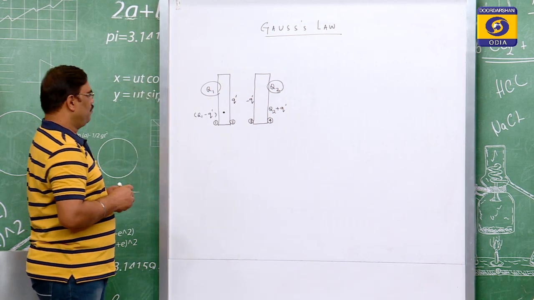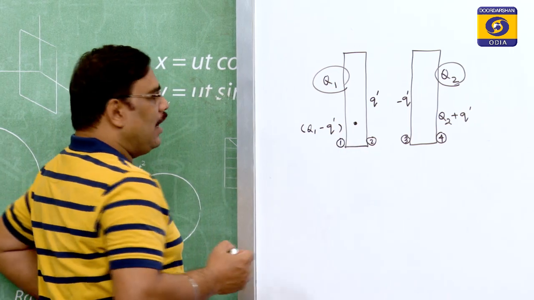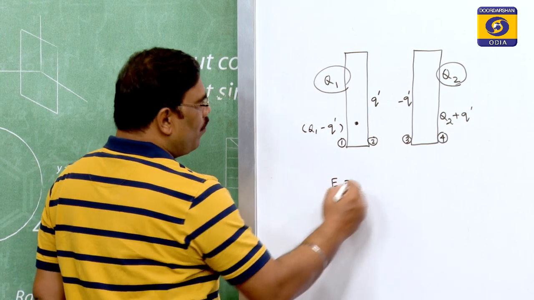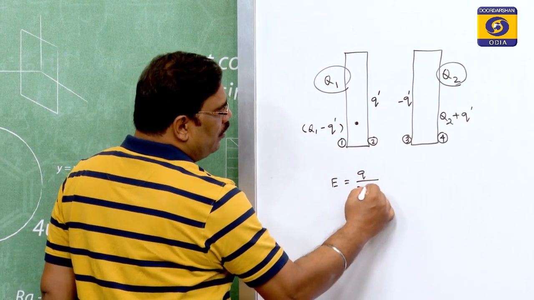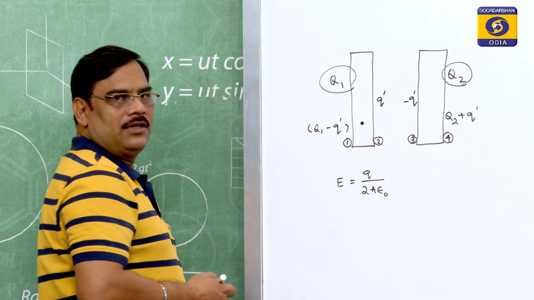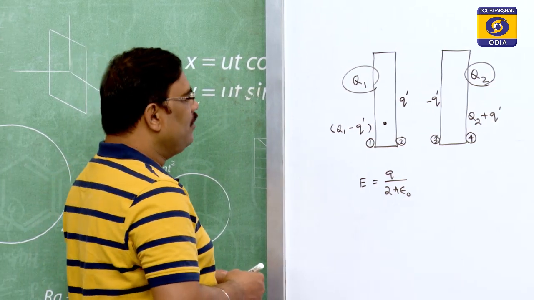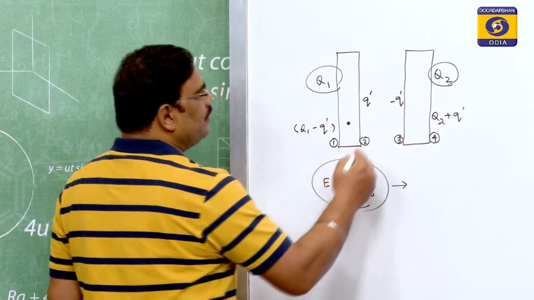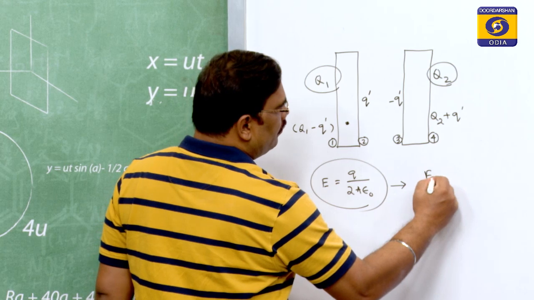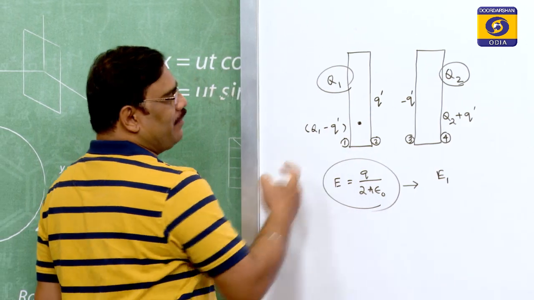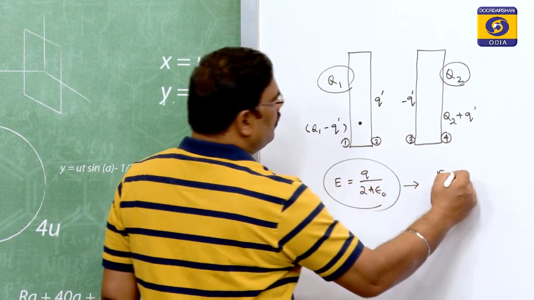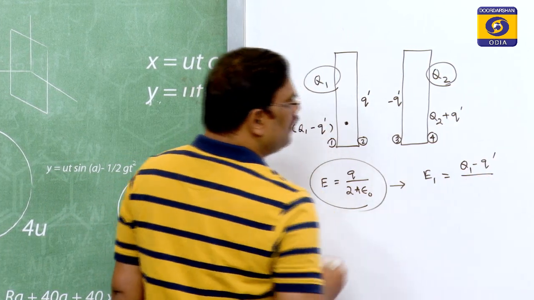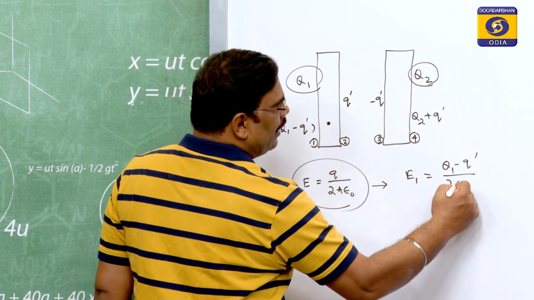At this point, as we know, the electric field due to a plane sheet of charge is q divided by 2a epsilon naught, as we have already calculated. Using this formula, E1 due to the first surface is q1 minus q dash divided by 2a epsilon naught.